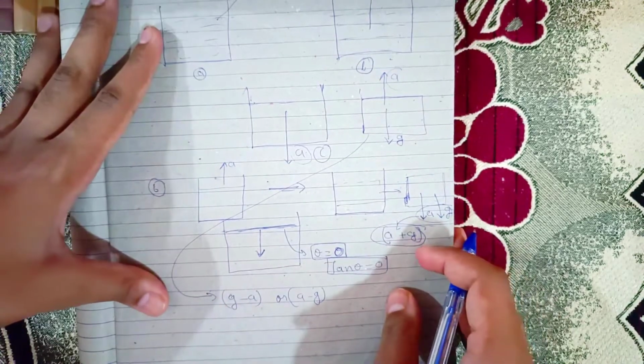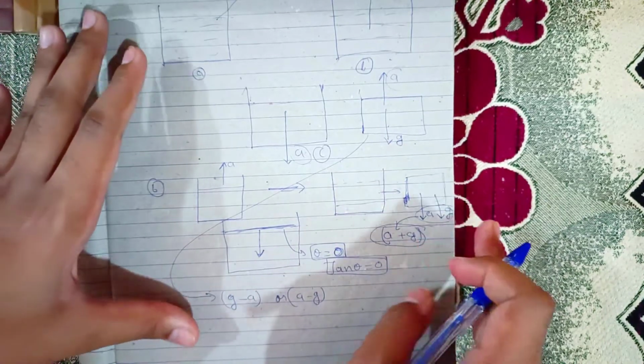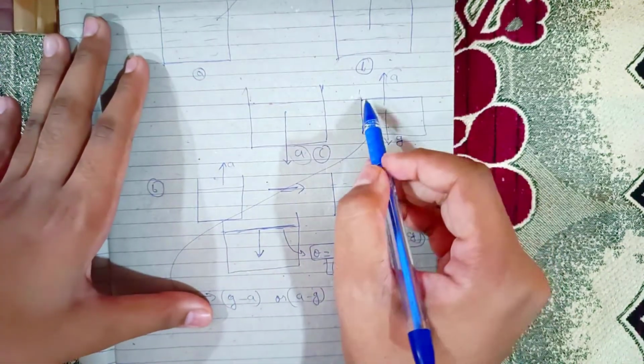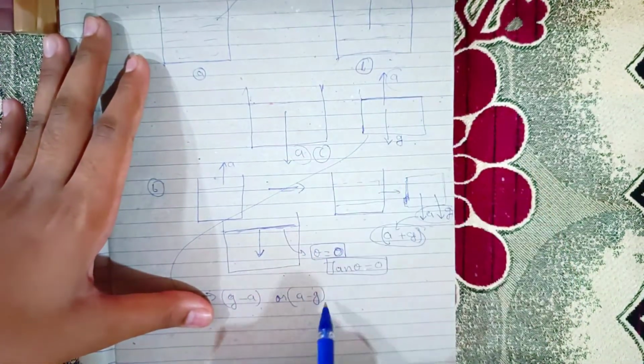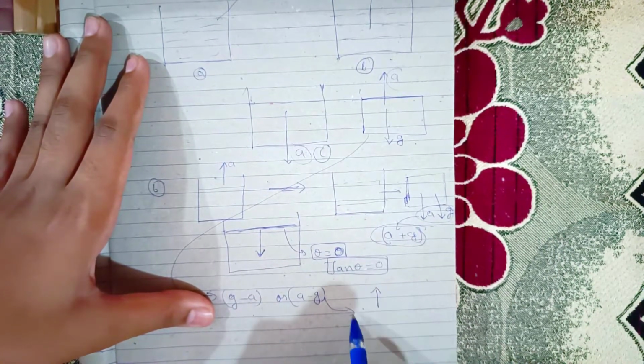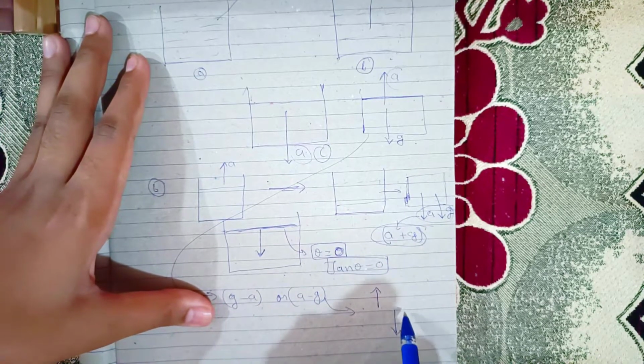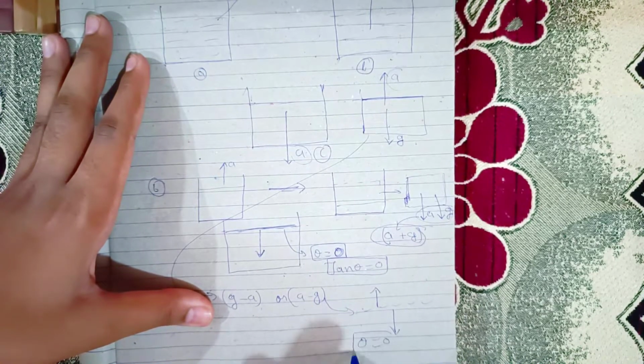Accordingly you can write, and the water surface will be perpendicular to this net acceleration, and it will remain the same because the net acceleration either acts like this or like this. So the water will be perpendicular to this, meaning it will be like this. Also theta here is 0.